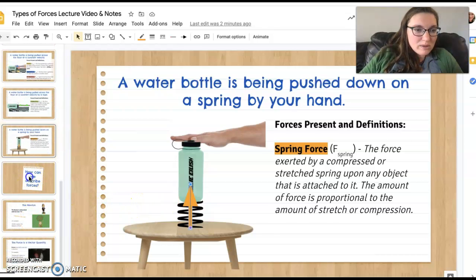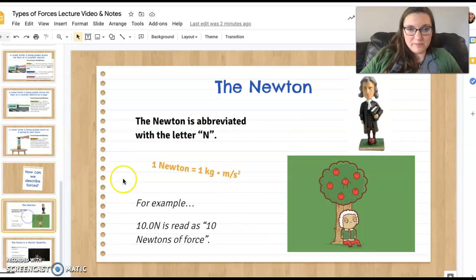So how can we describe forces? We use a unit called the Newton, named after Newton, the guy who had an apple fall on his head. And 1 Newton is equal to 1 kilogram meter per second squared. So that's a unit of acceleration.